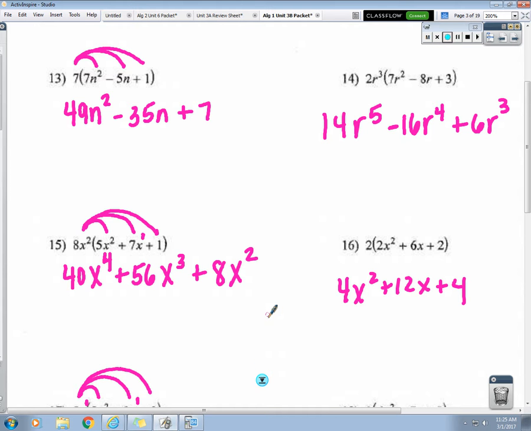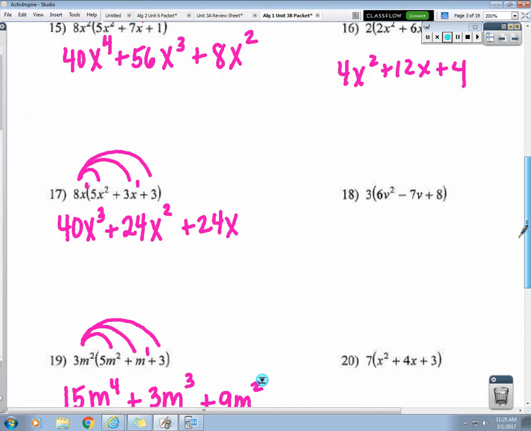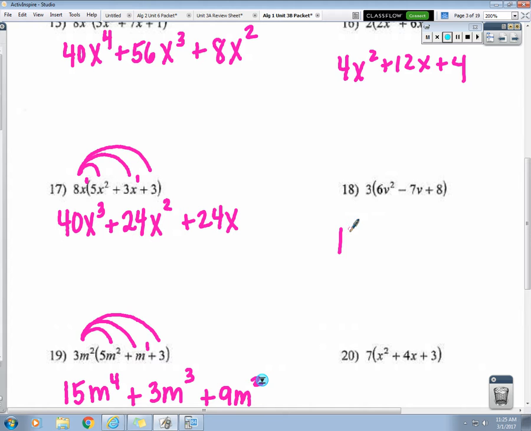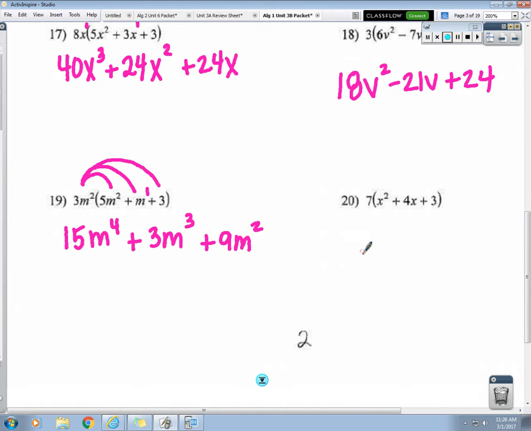That's what you should have got for 16. 4x squared plus 12x plus 4. Number 18. Okay, and then number 20.